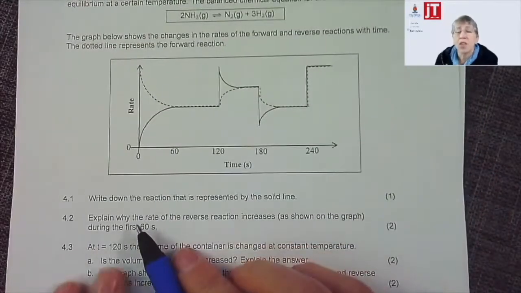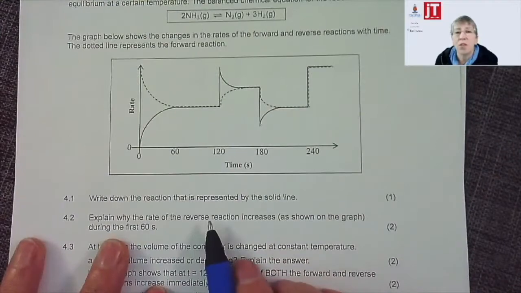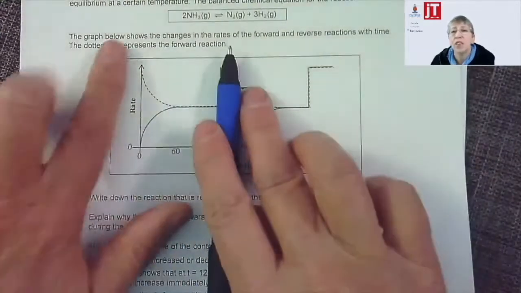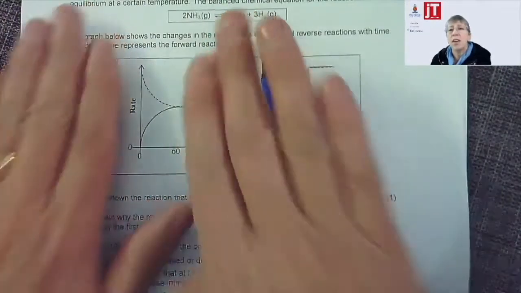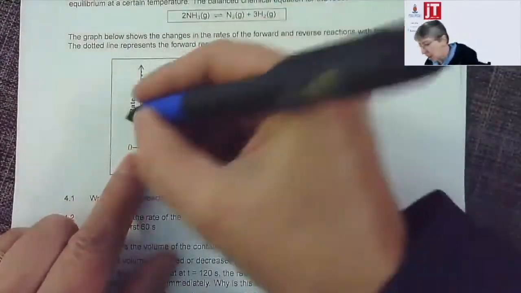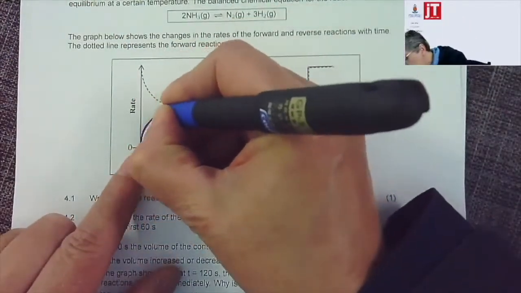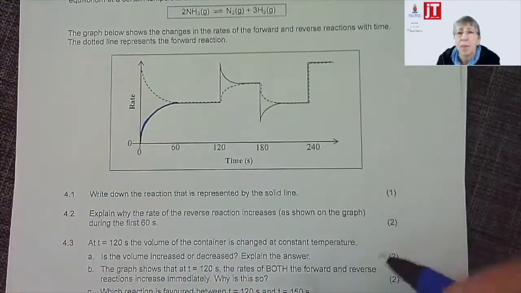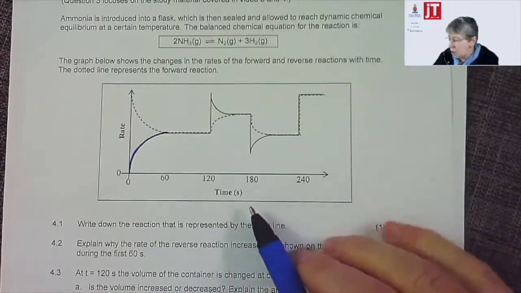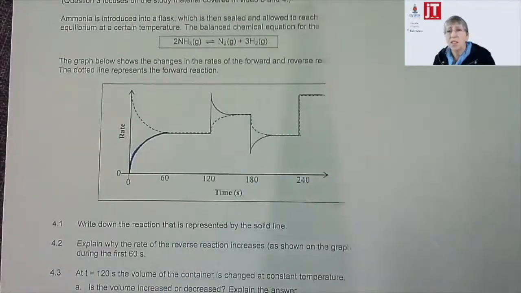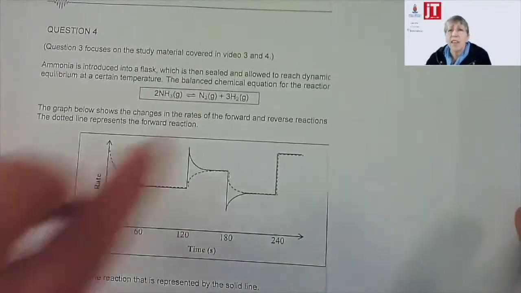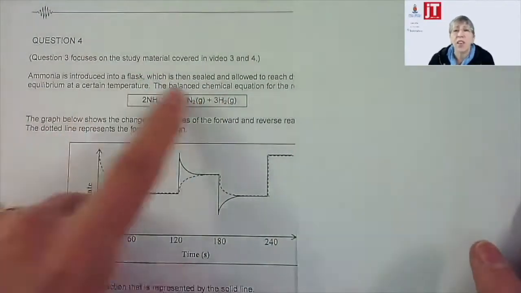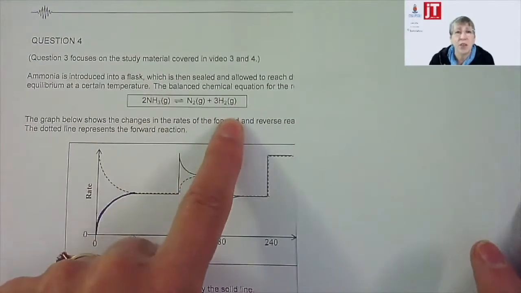Next up, they asked, explain why the rate of the reverse reaction increased as shown on the graph during the first 60 seconds. So we're only looking at that part, and they are asking us, why is the rate of the reverse increasing, getting higher? Now, to answer this, I have to say, when I started out, the N2 and the H2 were zero concentrations, right? They didn't put any N2 and H2 into that container.